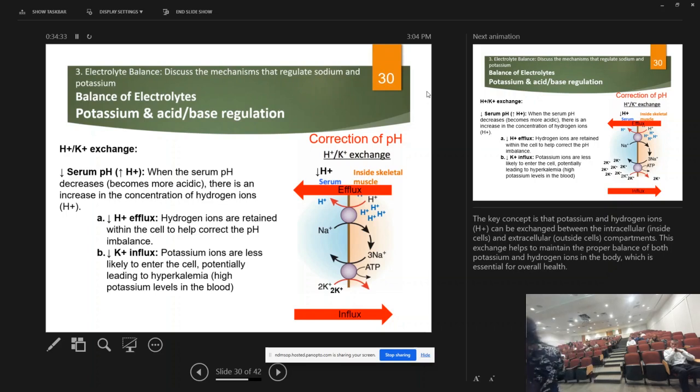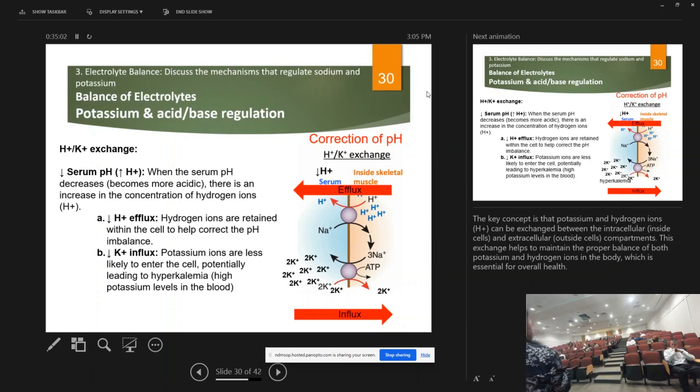So what do you build there now? If it slows down, the potassium is going to be more in the serum, right? Because both the pumps are slowing down. So you're building your potassium in your serum, and that may cause what? Hyperkalemia.